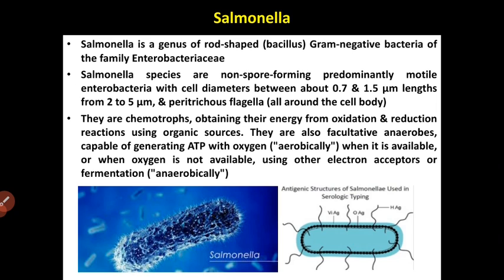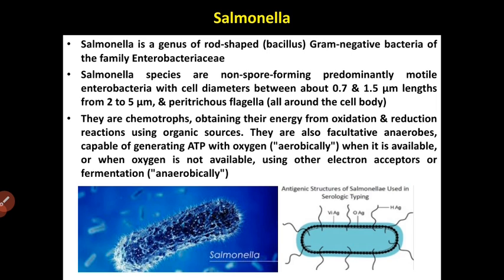Ebert, in 1880, first observed the typhoid bacillus in mesenteric lymph nodes and spleen in fatal cases of typhoid fever. And Gaffky, in 1884, successfully isolated the organism. It was then called Ebert-Gaffky bacillus or Eberthella typhi.